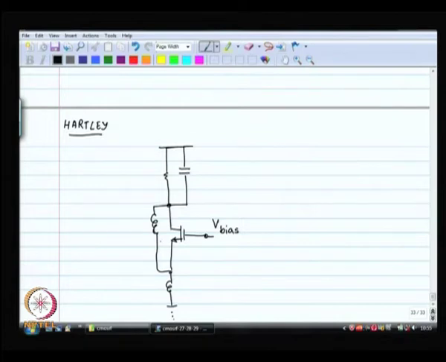Right. And once again this particular R is not something intentional, this came as a result of problems with your circuit. So, this is the Hartley oscillator, it is just a variation.